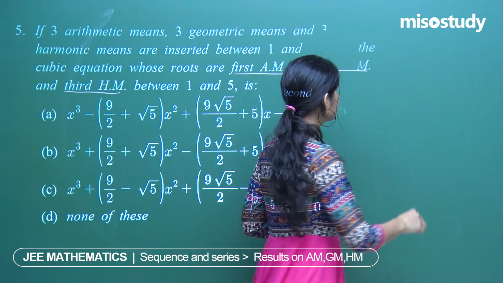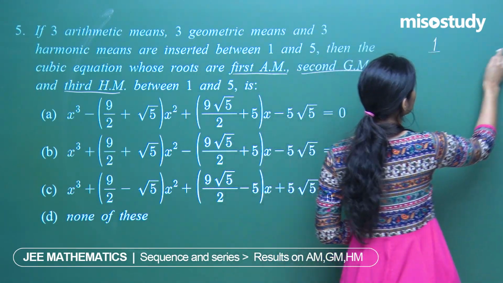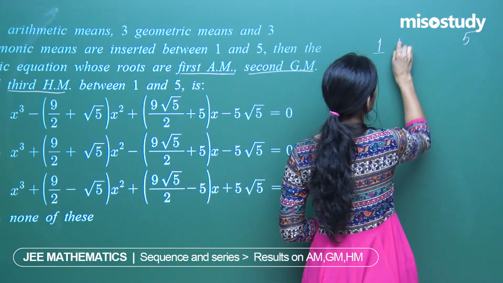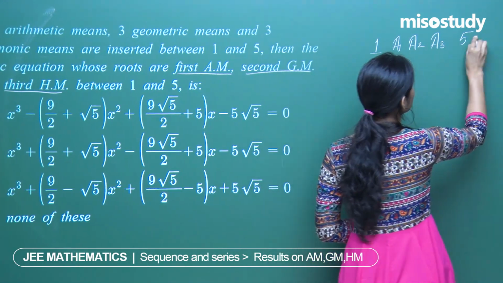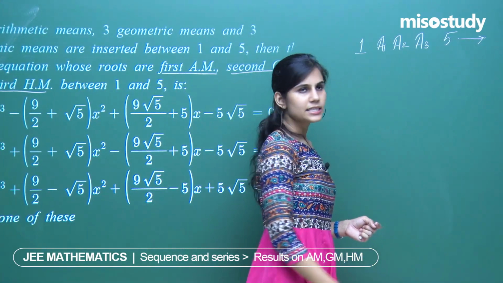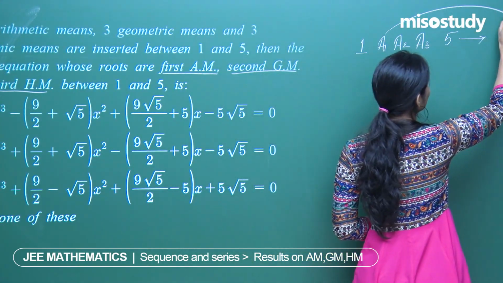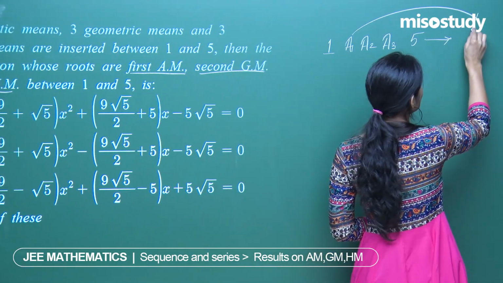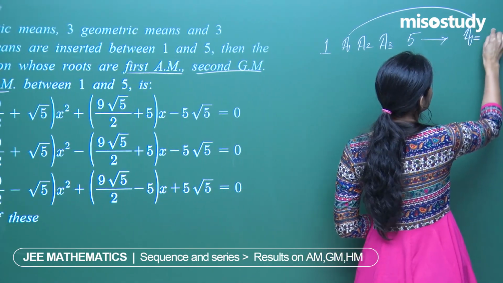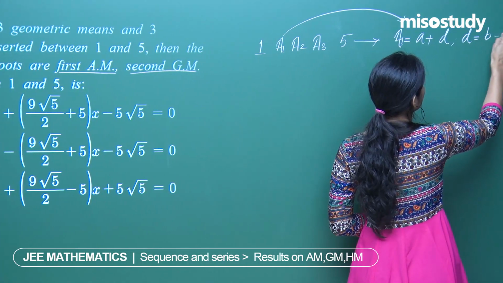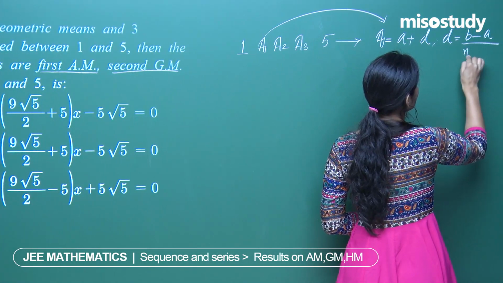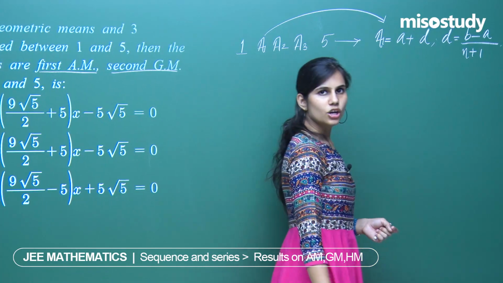So see, the situation is, this is 1, this is 5, A1, A2, A3. 3 arithmetic means are inserted. I am only interested in the value of the first arithmetic mean, which is what? It is A plus D, where D is B minus A upon N plus 1. So what is A1?